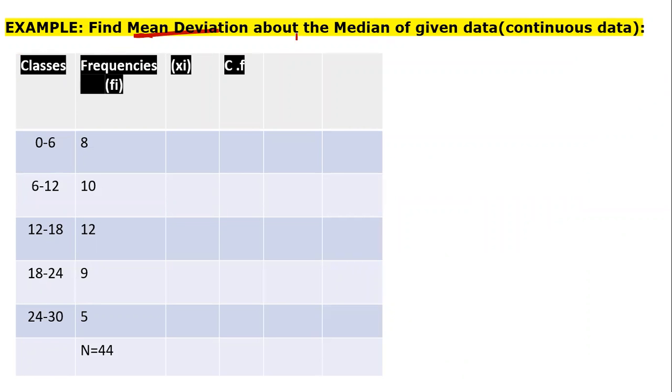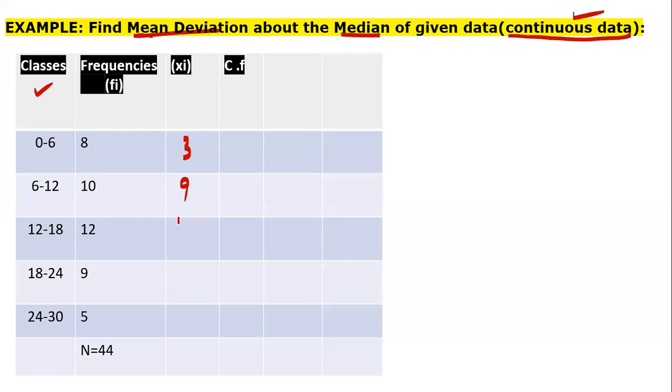Find mean deviation about median of the given continuous data. Data will be like this: class interval, frequency, and we can find out xi from here. To find out xi, 0 plus 6 upon 2, that is 3. 6 plus 12 upon 2, that is 9.